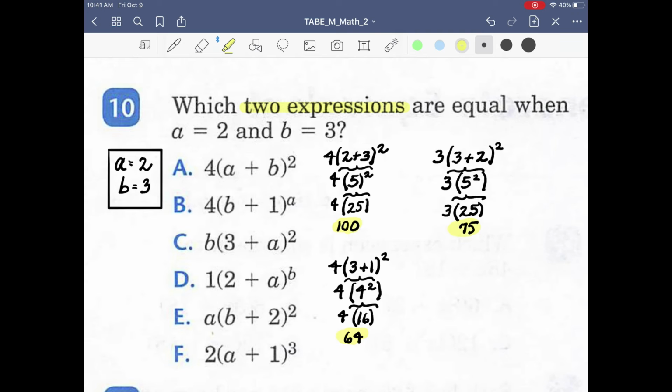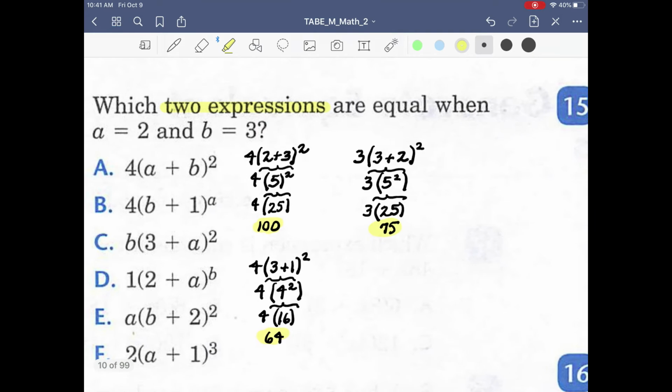So far, nothing is equal. 1 times 2 plus 2 to the third power. 2 2's are 4. 4 to the third power. On your calculator, that's 4 times 4 times 4 is 64 times 1, and that is 64. So I do have a match.